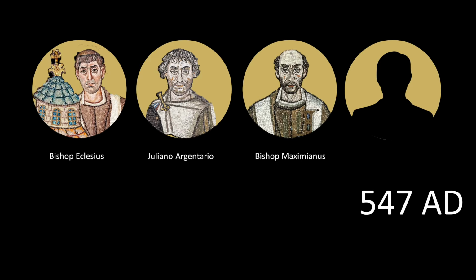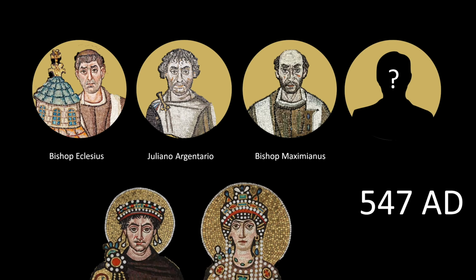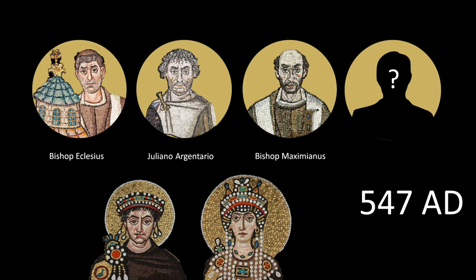Meanwhile, the name of the architect or architects responsible for it will remain unknown, which was common in the medieval world. By the year 547, Ravenna was already under the control of the Byzantine Empire, which means that now Emperor Justinian and his wife Theodora will also be represented on the mosaics inside San Vitale of Ravenna as a propaganda strategy.